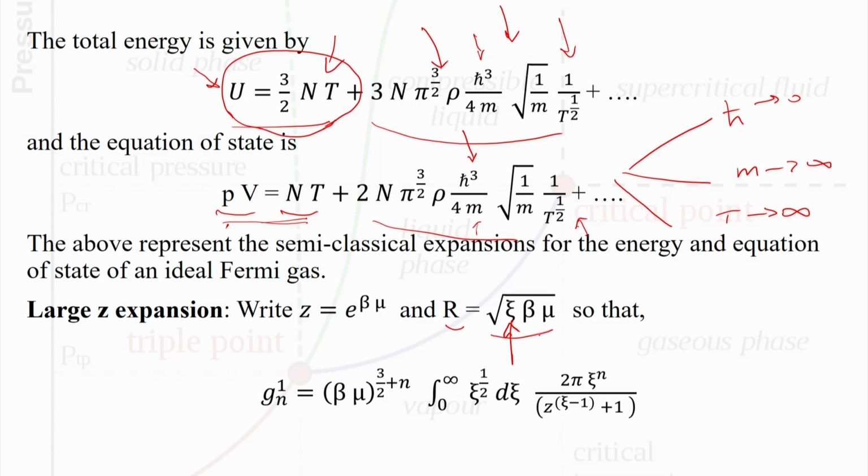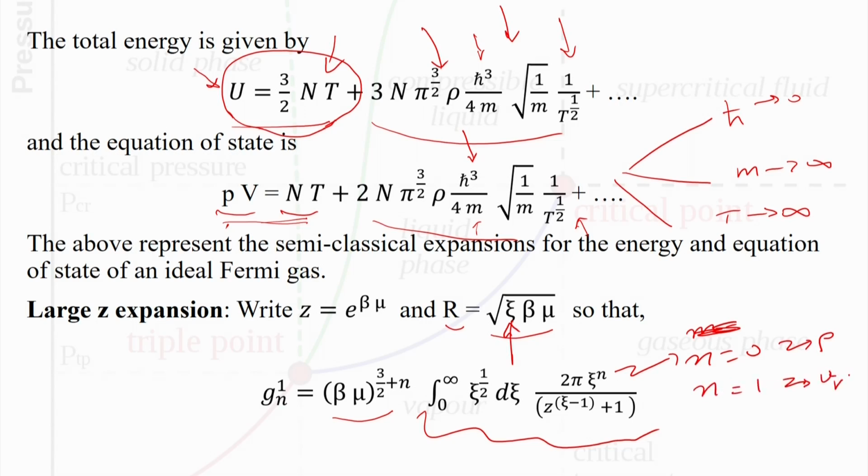The advantage of doing this is I can explicitly extract the temperature dependence outside, and then finally, I end up with an integral that only depends on some numerical values n. Remember, n was 0 if I wanted to calculate rho, and n was 1 if I wanted to calculate energy density.